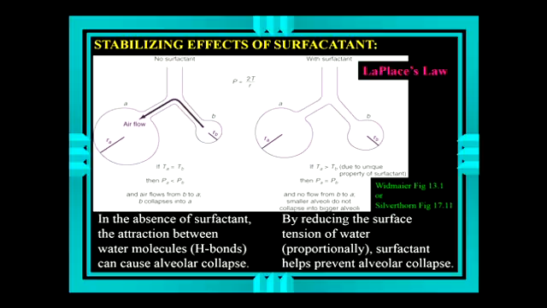A bigger number down the bottom means that the pressure is going to be smaller. Now, what would happen if all your bigger alveoli had a lower pressure than your smaller ones, and they're connected? All the air is going to be sucked into the big alveoli. And instead of having 500 million alveoli with huge surface area, you'll end up having one big alveolus. Okay, so we don't want that.